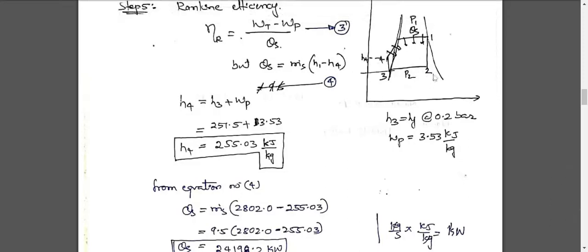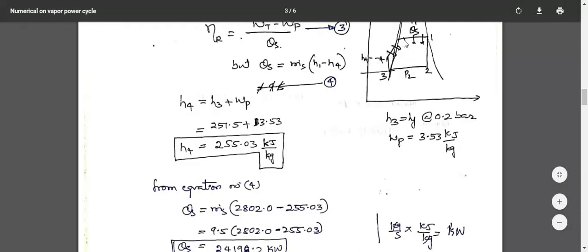That is the reason at point number 2 the heat content is more, so obviously the enthalpy will be more. That is the reason for H2 minus H3. This is the advantage of the Rankine cycle. But in the Carnot cycle, it will start from point 2 but will not end on the liquid line. Somewhere in the middle it will stop and be taken to the boiler. That is not possible practically.